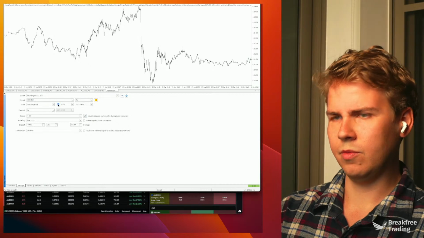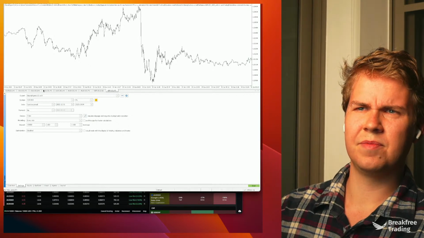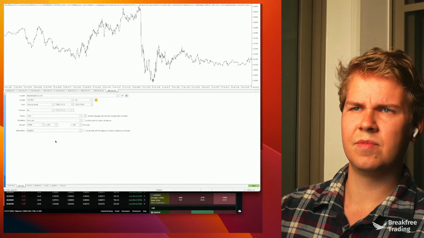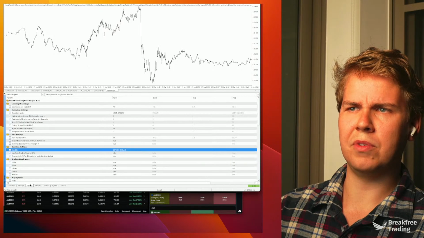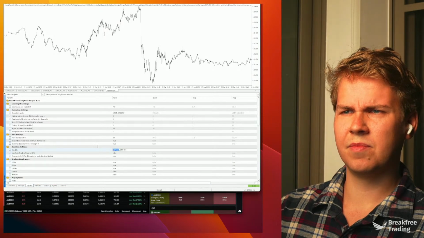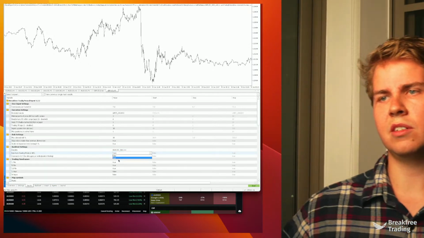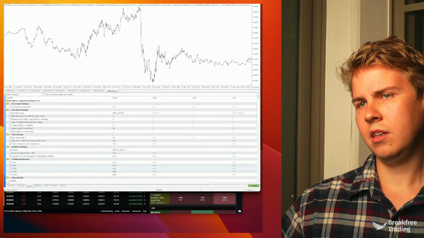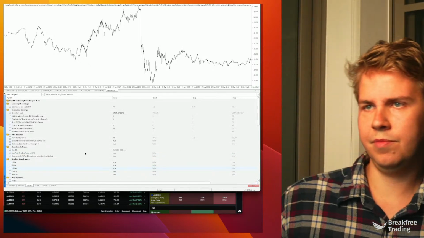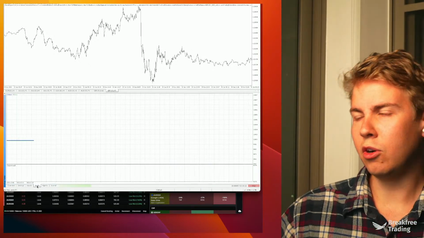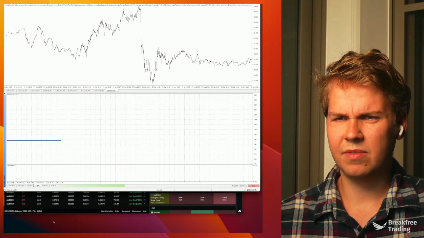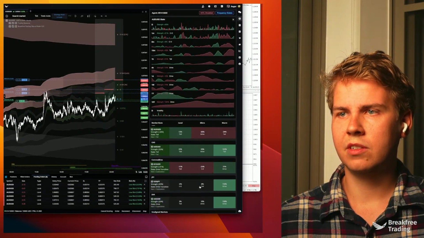Oh, sorry. Wrong date. Should be fine. So this is the Euro USD backtest since December last year. Let's run it on the auto trading mode, right? So this thing will take care of itself.